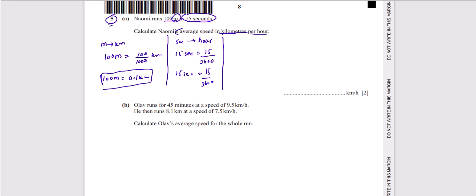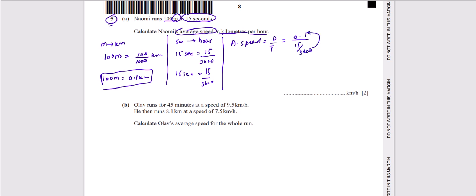Now we have to calculate the average speed. The average speed formula is average speed is equal to distance over time. The distance is 0.1. The time is 15 divided with 3600.